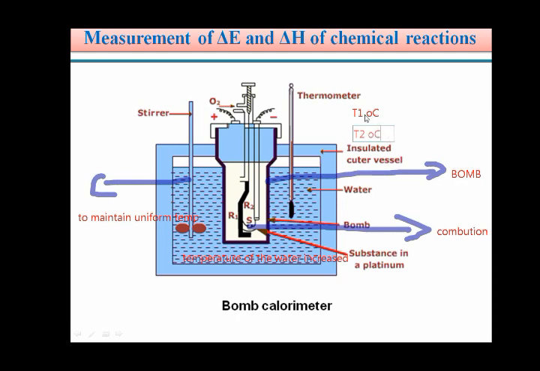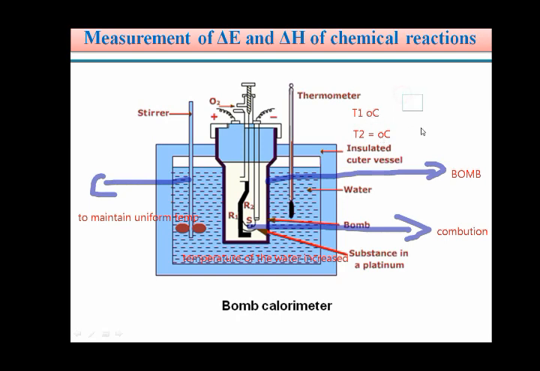Initially, before the experiment, it is T1 degree centigrade. After combustion of the chemical substance, the heat evolved in the course of the reaction is measured with the thermometer and recorded as T2 degree centigrade. Students, we know T1 and T2.